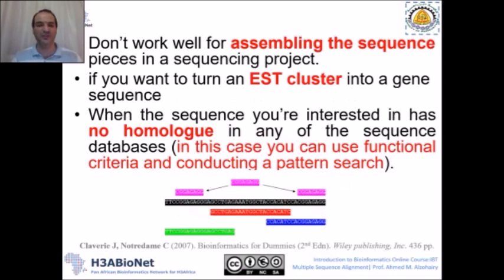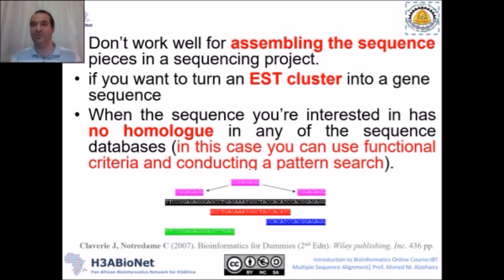Before we start, we have to identify some situations where multiple sequence alignment cannot help. In these situations, for example, assembling sequences, in a sequencing project where you would like to assemble some sequences, multiple sequence alignment would not help you. Also, to turn an EST cluster into a gene, or to make a multiple sequence alignment with a gene that has no homologue in the database.